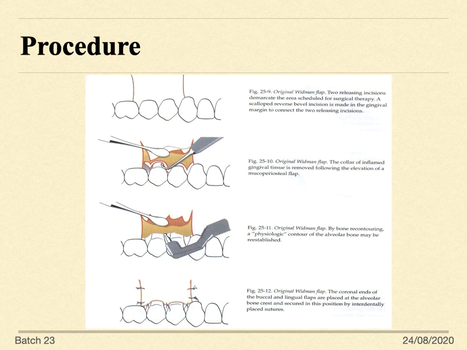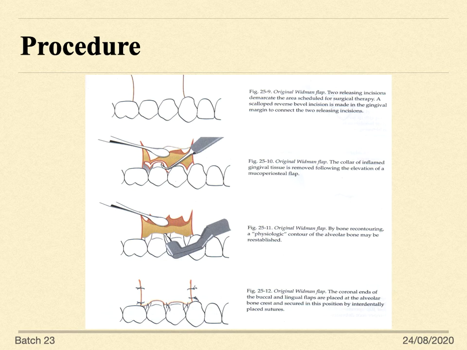Coming on to the procedure of the original Widman flap, there will be a vertical releasing incision given and there will be an internal bevel incision given. But the internal bevel incision is not pointed towards the crest of the alveolar bone here.